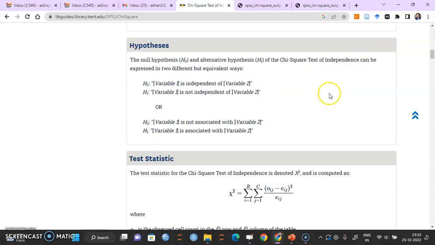We can say that gender is independent of brand choice. The alternate hypothesis is: yes, gender is not independent of brand choice. These are the ways you can frame your null and alternate hypotheses in the chi-square test.